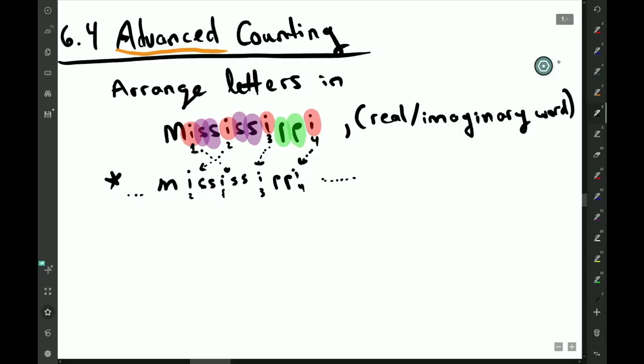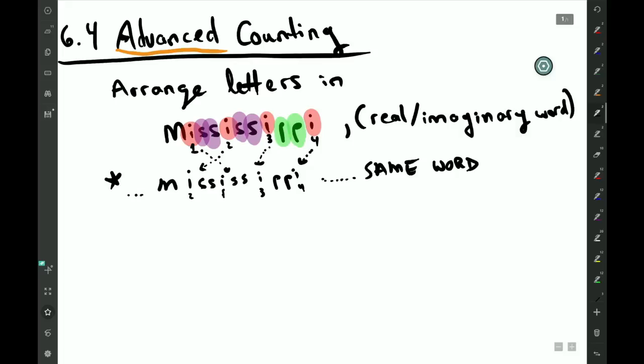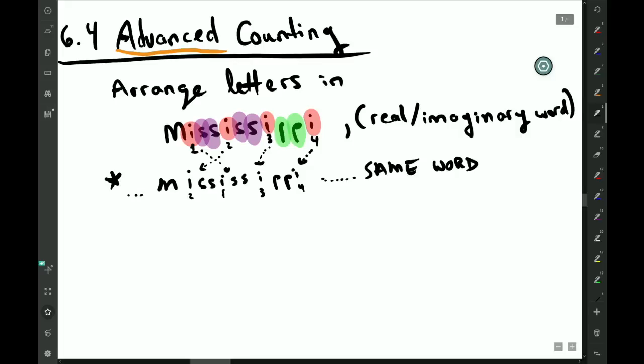You're like, it's the same word. It's the same thing. So the way to arrange things is going to be, we have how many total letters.